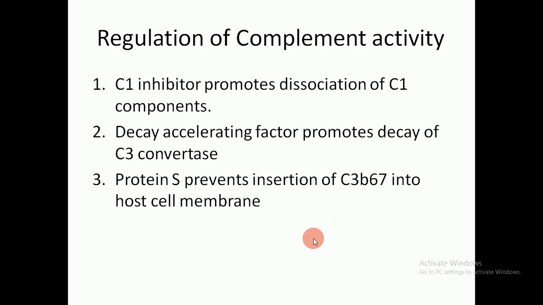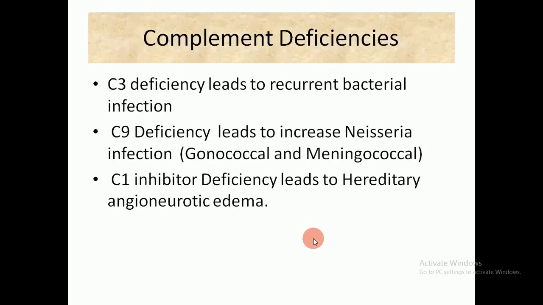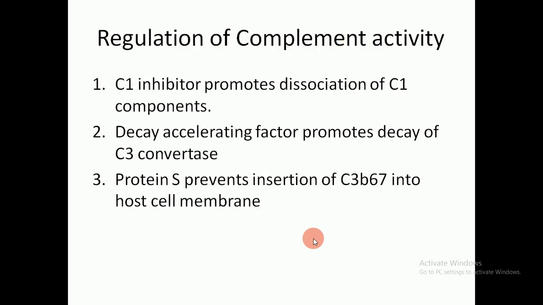The complement system needs regulation so that it does not continue activation and keep working for a long time. Once the inflammation subsides, once the infection is removed, the function of the complement system will be terminated, and this termination of the function of the complement needs regulation, which is called regulation of the complement activity.